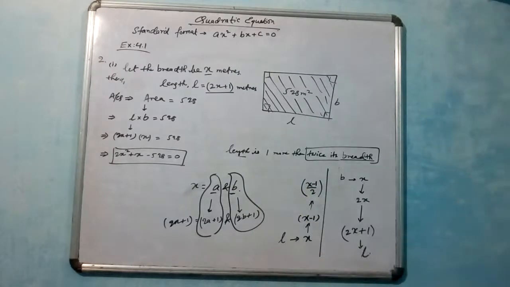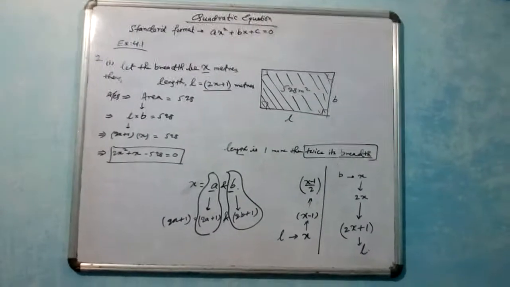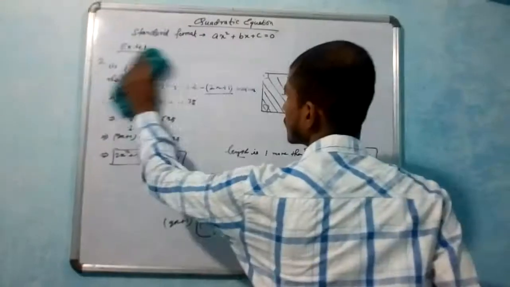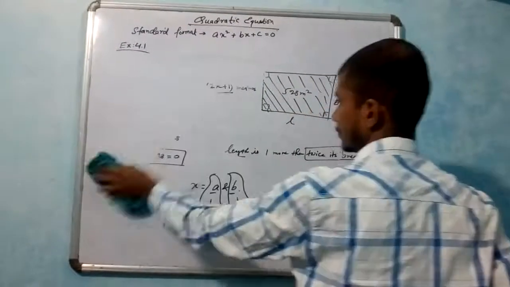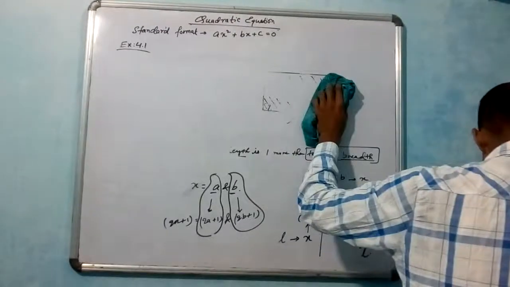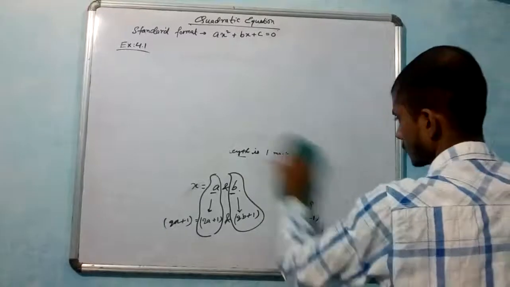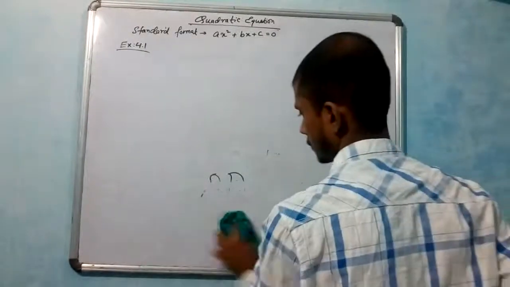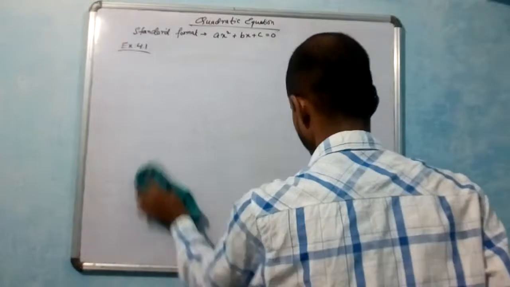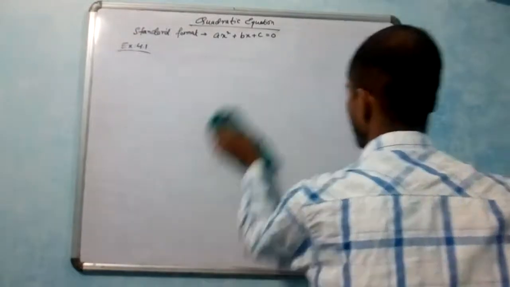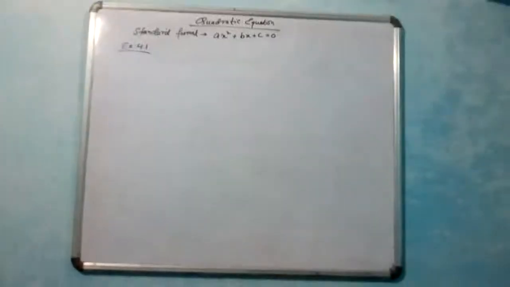So see the second question. Read it, no problem, read. Okay, so the product of two consecutive positive integers is 306.